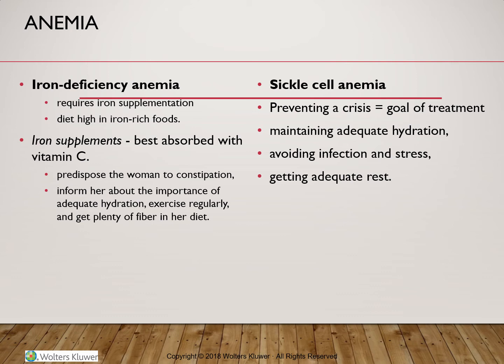Iron deficiency anemia is characterized by a reduced production of RBCs due to a lack of iron. So the RBCs that are still produced are very small. They are called microcytic, and they are pale in color, hypochromic. Because the pregnant woman has increased iron requirements, this is the most commonly seen type of anemia in pregnant women.